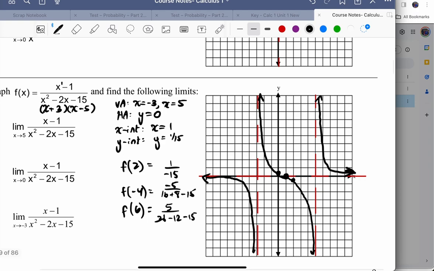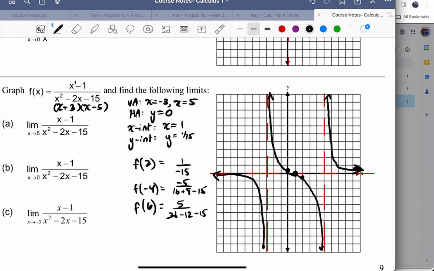All right. So now, the way this question is structured, we have x approaching 5, x approaching 0, x approaching negative 3. It's not like the previous ones where you have approaching 2 from the left, 2 from the right, and then 2 overall. These are 3 separate questions. You have to know that behind the scenes, we're looking for the limit as x approaches 5 from the left of that function, and the limit, so I'll put a little question mark because we don't really know yet, the limit as x approaches 5 from the right of that function.